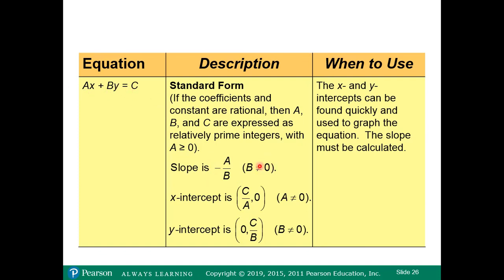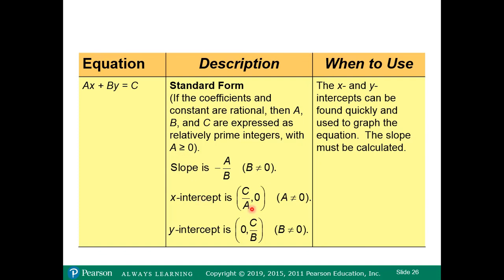B obviously cannot be 0. Okay, remember the restrictions. All of the values a, b, and c are relatively prime, so they have no common factors other than 1. And they must also be integers. All must be integers, and a has to be positive, or non-negative rather. Okay, so it cannot be negative.